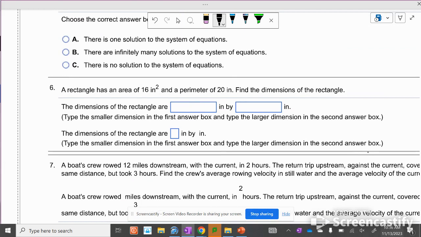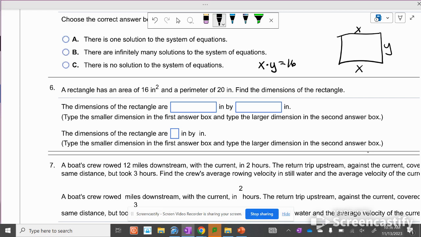There we are again. So I would draw a rectangle. Make my width x, my height y. If it has an area of 16, what do you do with the width and the height? Multiply them, right? To get 16.